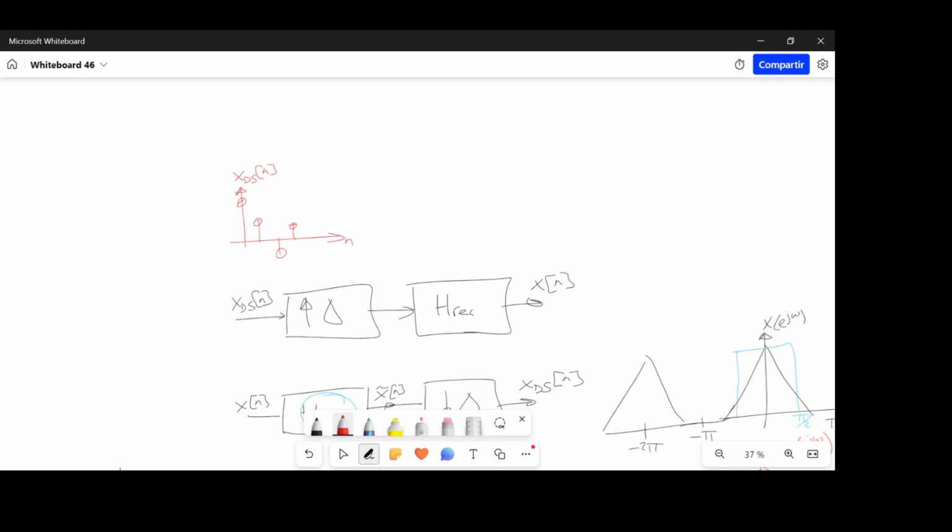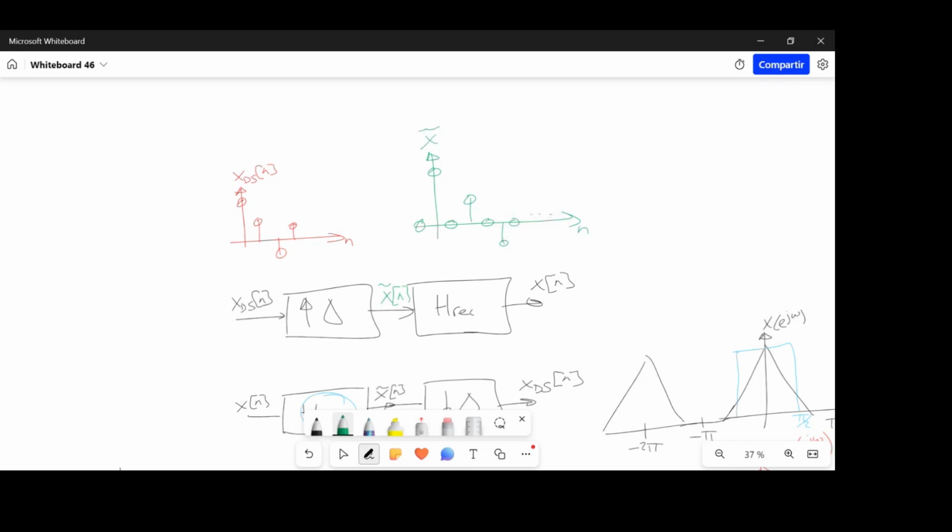And then this one that I will call green looks like this. First one I copy, and then I have 0, then I copy the next one, and then the next one, and so on.